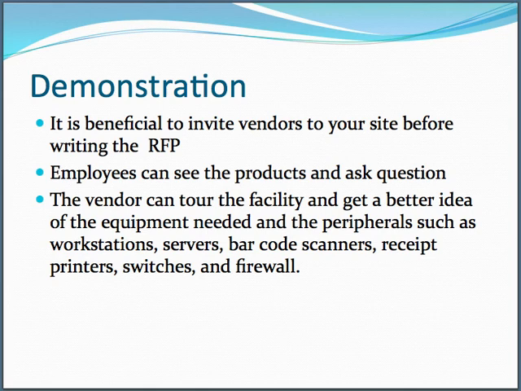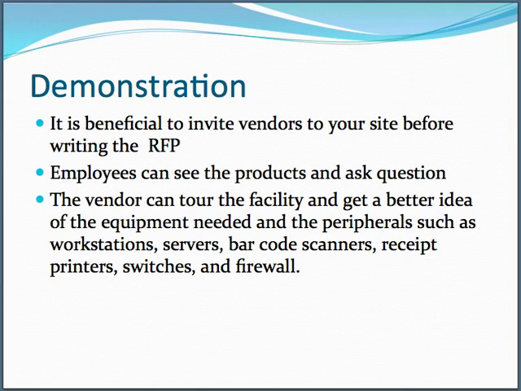The vendor can also tour the facility and get a better idea of the equipment, the hardware that you are running, and the peripherals that you are running, and if they need to be upgraded in terms of workstations, servers, barcode scanners, printers, switches, firewall.